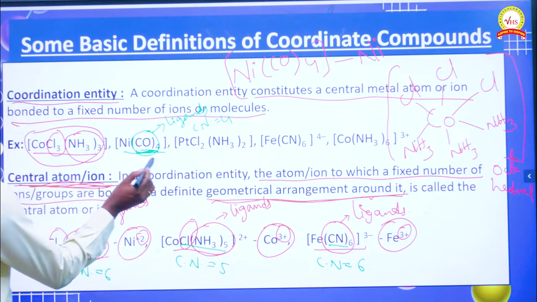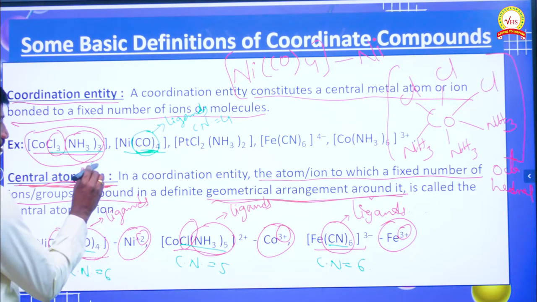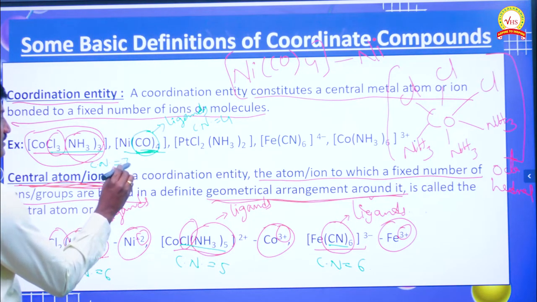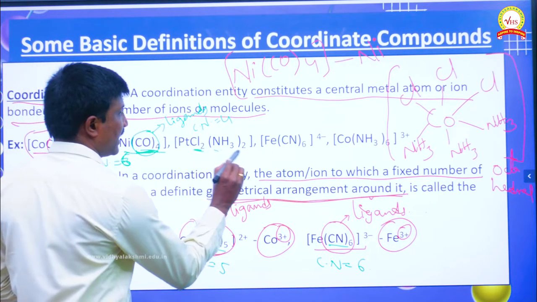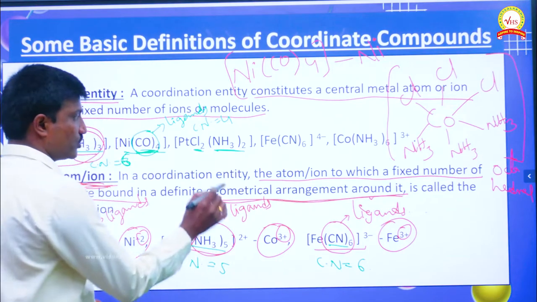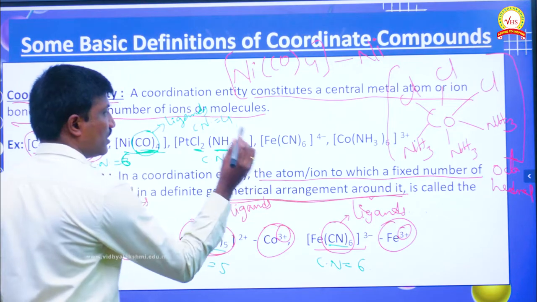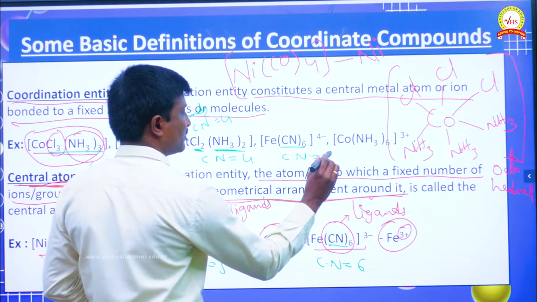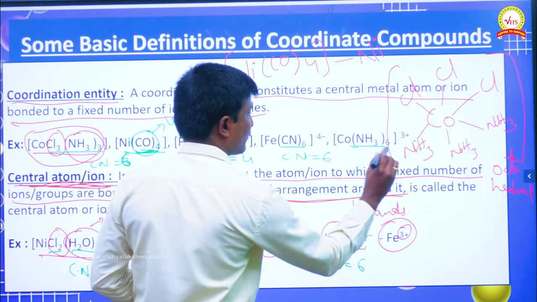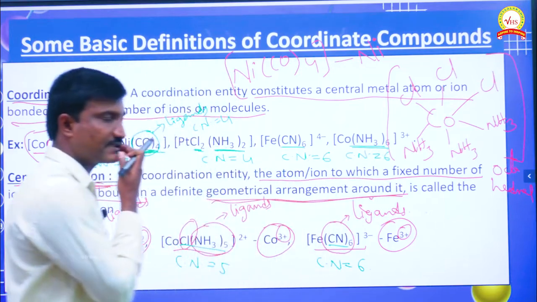And in this, 3 chlorines and 3 ammonias bind, so the coordination number is 6. Here 2 chlorines and 2 ammonia molecules bind, so the coordination number is 4. Here 6 cyanides bind, so the coordination number is 6, and here 6 ammonia molecules bind, so the coordination number is 6.